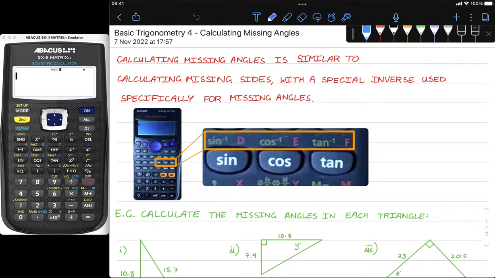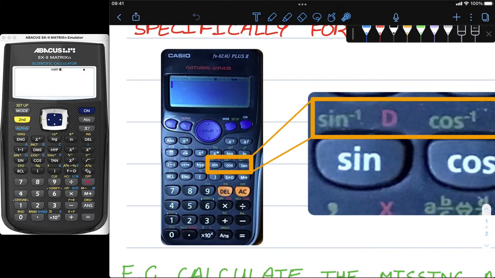Calculating missing angles using trigonometry is similar to calculating missing sides as seen in the previous video, but with a special inverse used specifically for missing angles. So in the Casio calculator that is often used in schools, you'll see it on the sine, cos, and tan buttons.